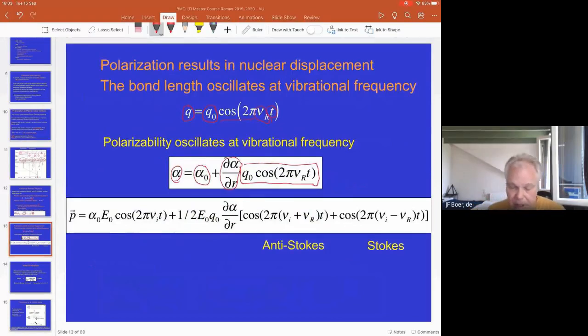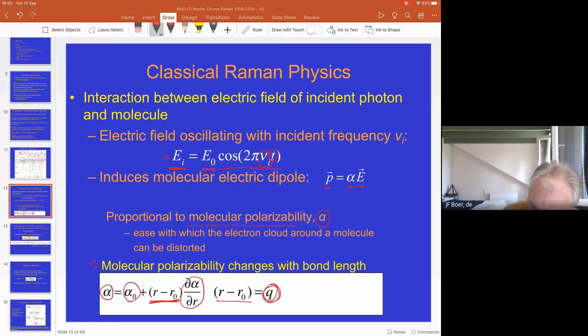And so what does this mean now for that dipole moment of the molecule, the field that the molecule generates itself? Well, let me see. So in this expression here for the electric dipole moment of the molecule, we write out now that alpha that we have written as a function of the bond length, and we write it as a function of the incident field.